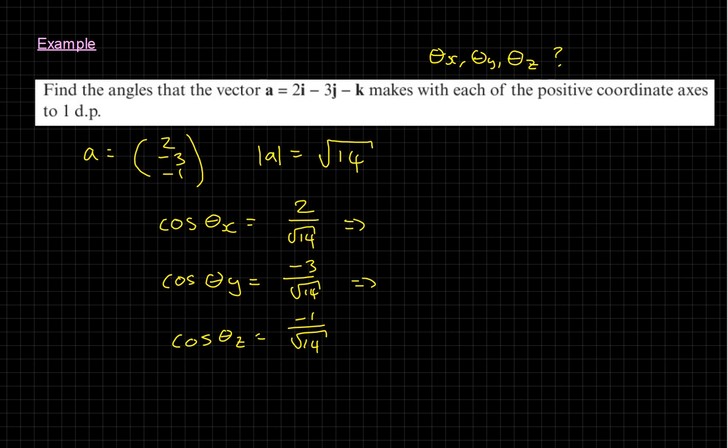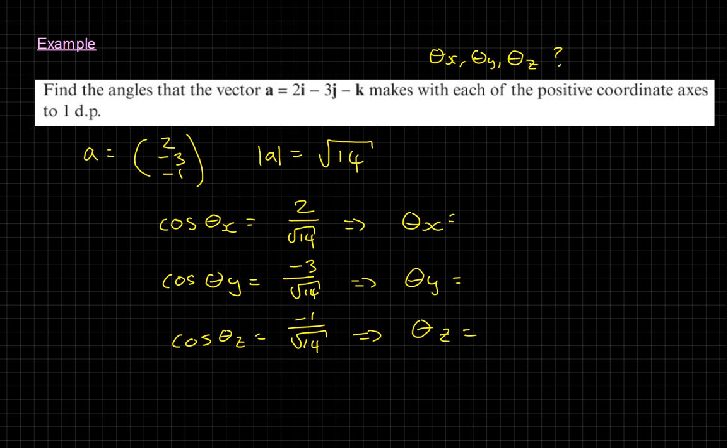Implies theta x equals, theta y equals, theta z equals, and now you just need to apply cos inverse to both sides of these equations. So cos inverse of 2 over root 14, cos inverse of minus 3 over root 14, cos inverse of minus 1 over root 14, and you'll get three decimal numbers, which will give us our final answers.